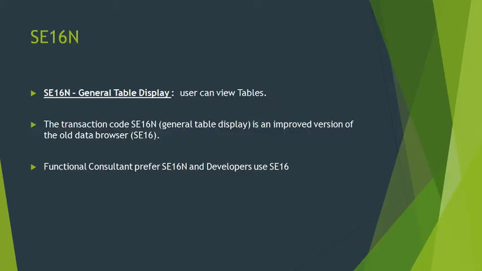With the use of this transaction, a user can view tables. Previously there was another transaction, SE16, which is currently also functional. Developers like ABAP consultants generally use the SE16 transaction, and we functional consultants prefer to use SE16N.